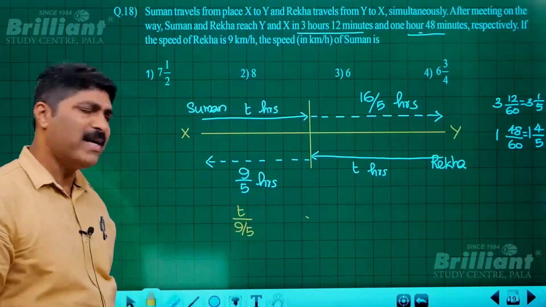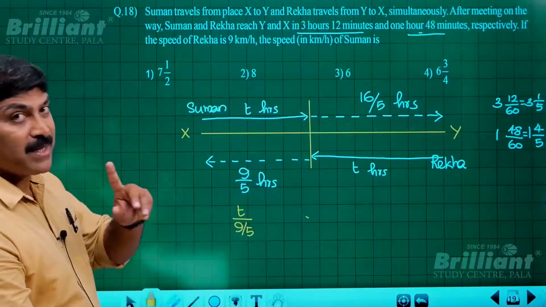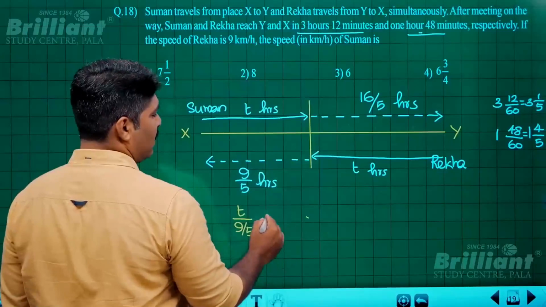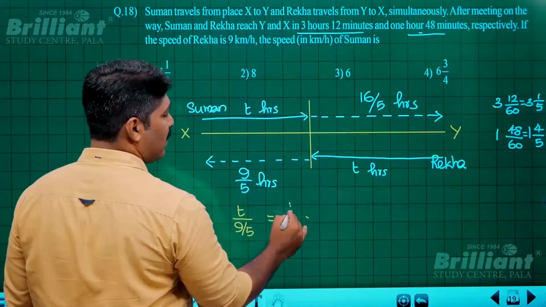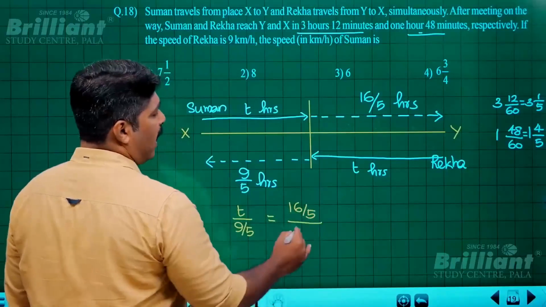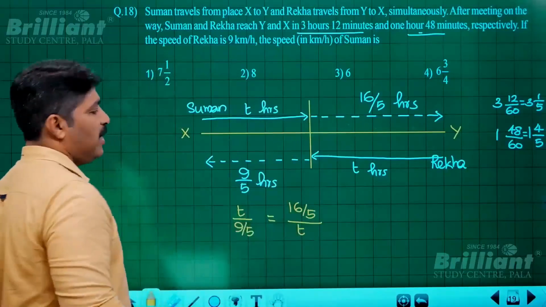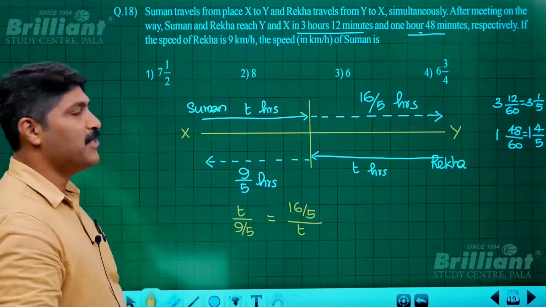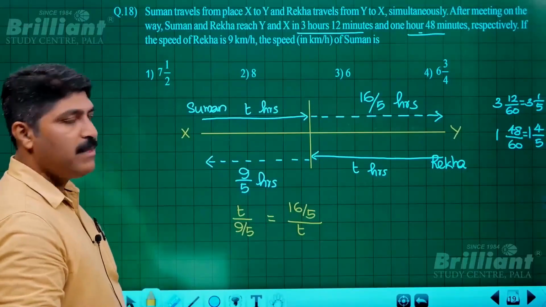Got it? That's their time ratio. And while considering the right side, the time taken by Suman is 16 by 5 and Rekha is T. That's also a time ratio. So can we equate them?